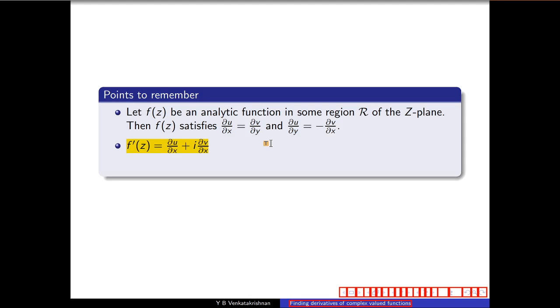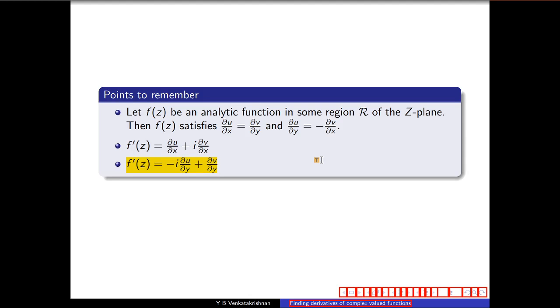This is one way of representing f dash of z. Because of the CR equations, you have another way of representing f dash of z. Namely, f dash of z will be minus i into dou u by dou y plus dou v by dou y.